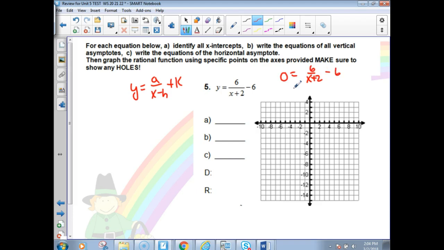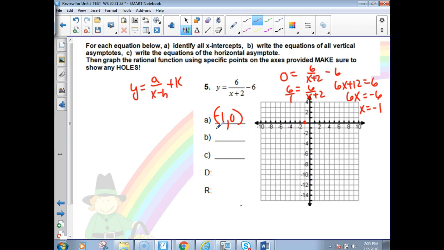And if you solve this, you would add 6. You would need to cross product, so you'd have 6x plus 12 equals 6. You would subtract 12 from both sides, get negative 6, divide by 6, and you get negative 1. So negative 1, 0 is the x-intercept. I mean, you can probably find it on the graphing calculator too.